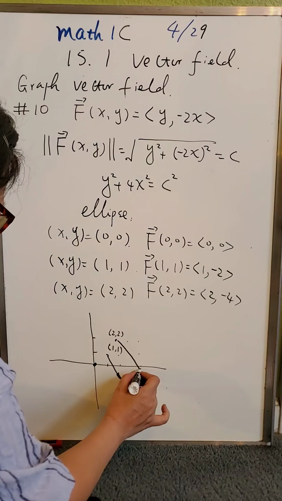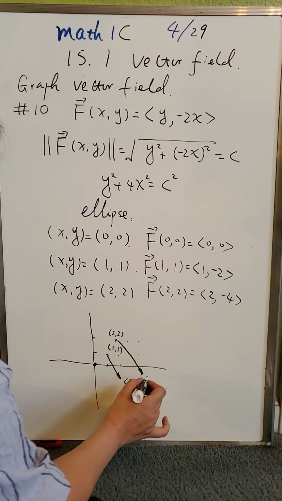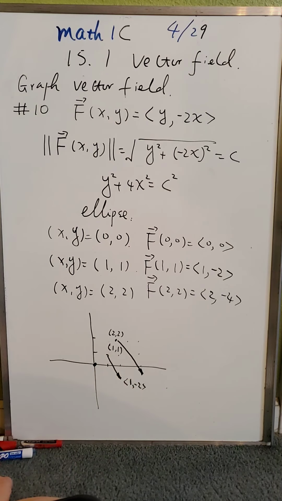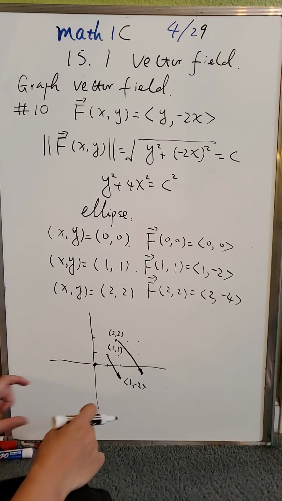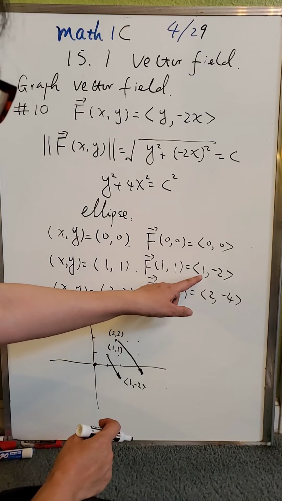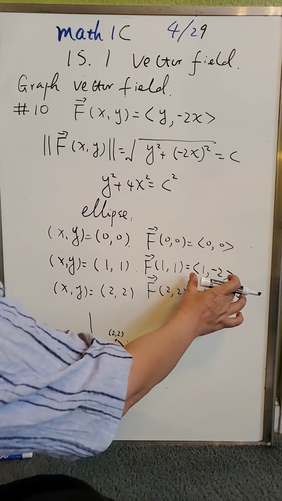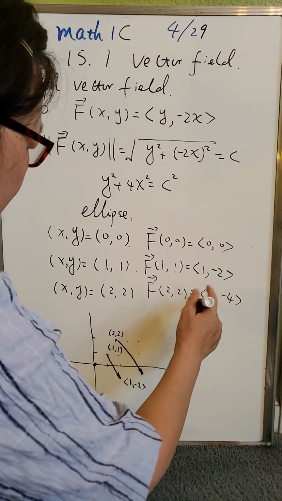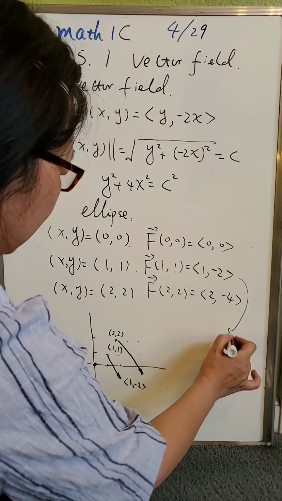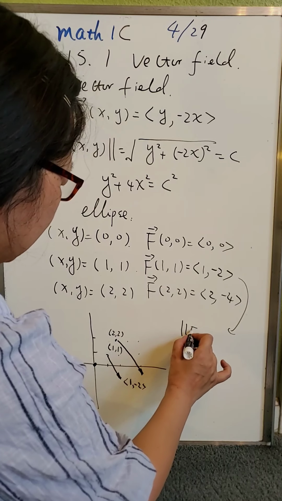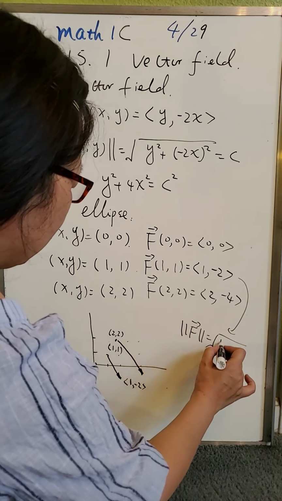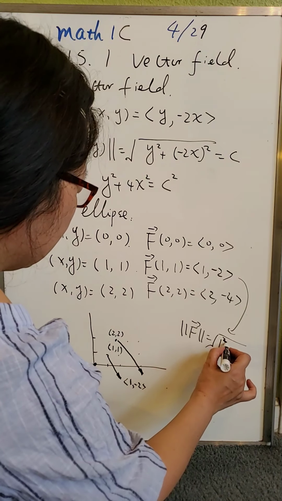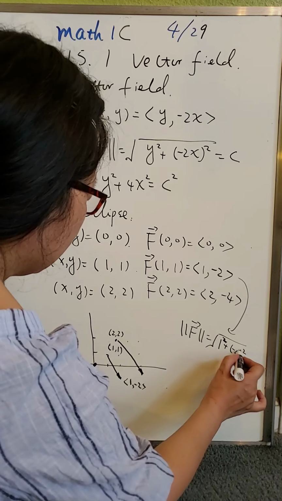Okay. And so that's for my graph. And if you want to find out what the length is, you can just find the length. You just take, for instance, for this one here, if you want to find the length of it, you just take 1 squared plus negative 2 squared.